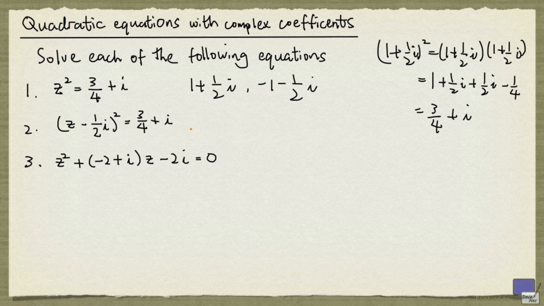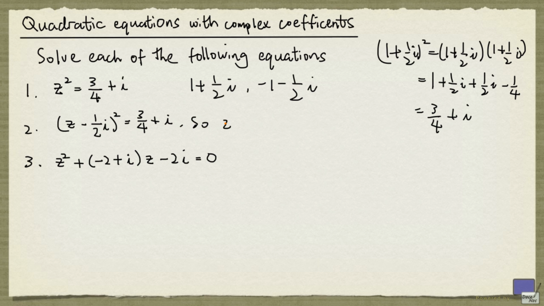Let's now look at the second equation. This equation is almost like the first equation. We have something squared equals 3/4 plus i. And so what that means is z minus 1/2 i needs to equal one of these square roots.